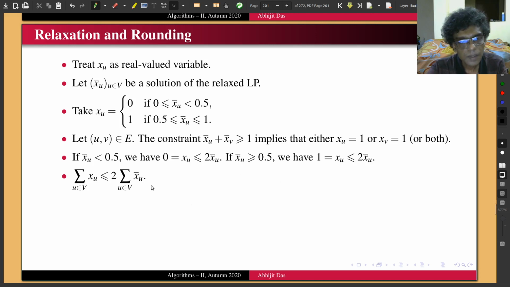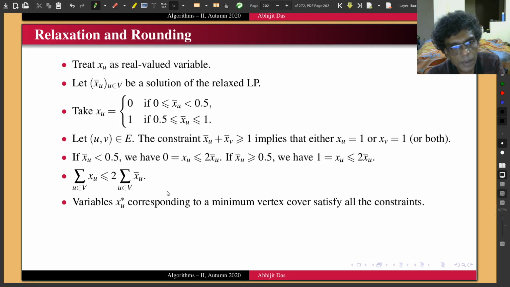Now let us look at an optimal solution of the minimum vertex cover problem. XU star corresponds to a minimum vertex cover, and because this is a cover, these values satisfy all the constraints.